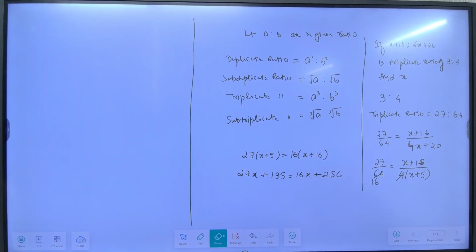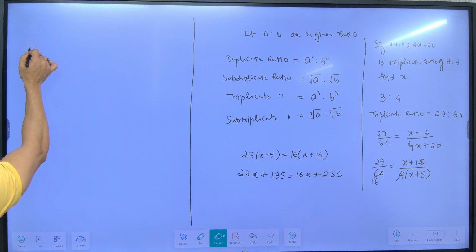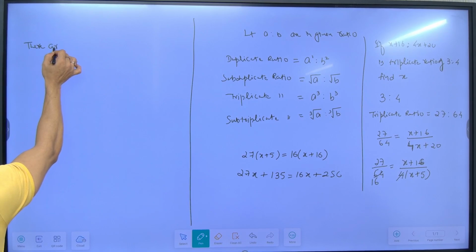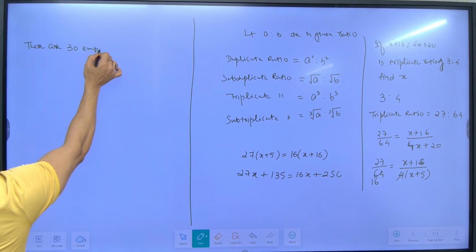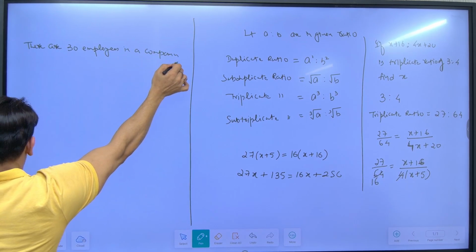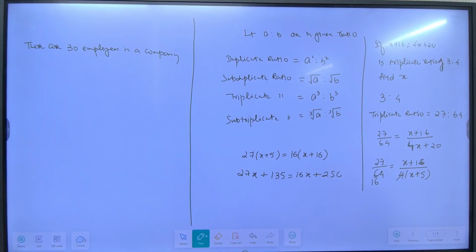Next is, given that there are 30 employees in a company.